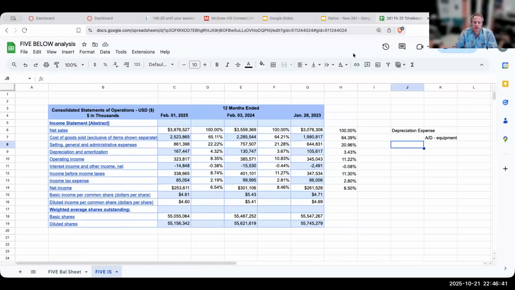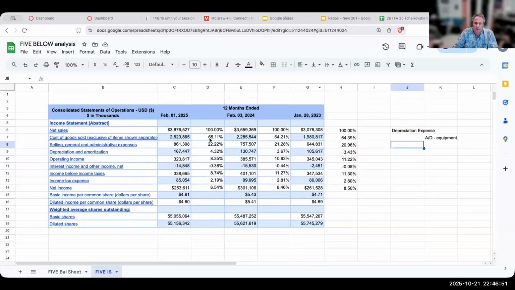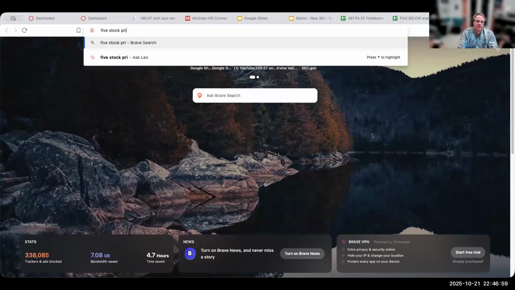Now let's take a look really quickly at the income statements. The gross profit for Dollar General is roughly about 30%. For Five Below, it's about 35%. One other thing I want to look at is the stock price.